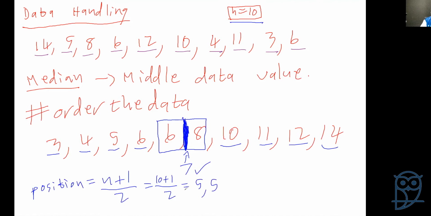Is this my median? No. This is the position of my median. So I want the 5.5 value when I've ordered my data sets. So I want first, second, third, fourth, fifth, and a half is halfway between this and the next one, which makes 7 as well.